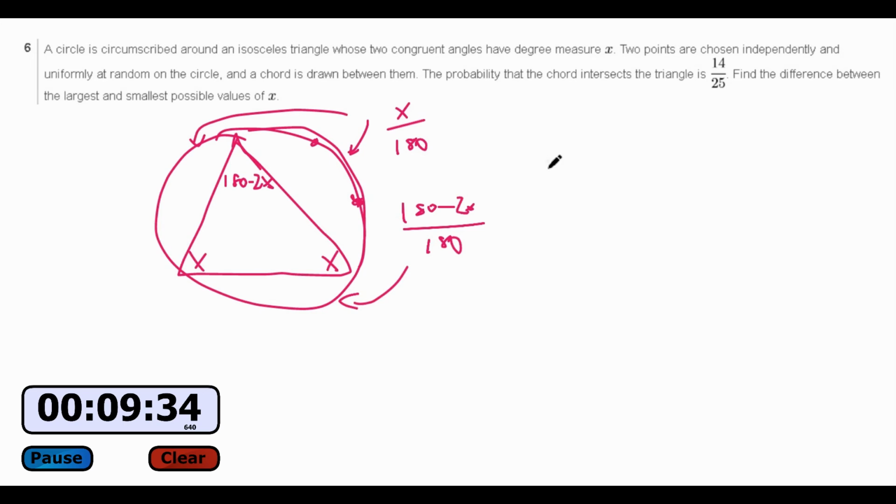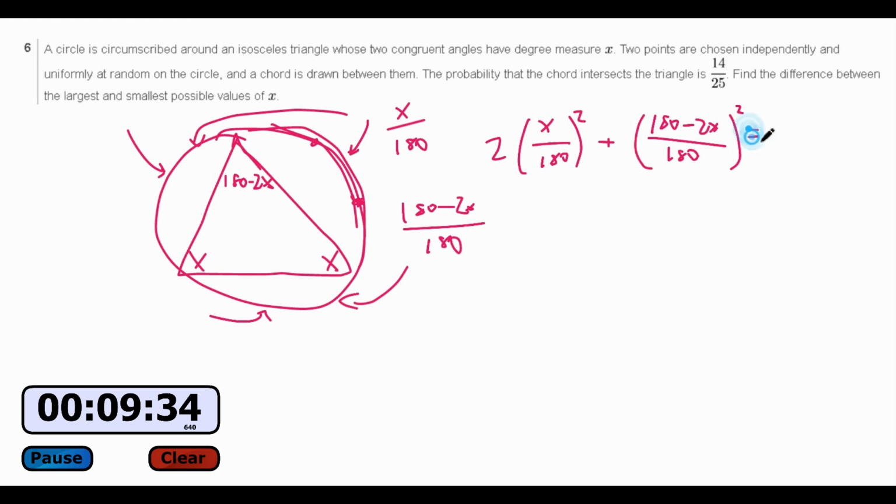Okay, so now we have that x over 180 is the probability that we choose this arc right here for the first point, and then we multiply by x over 180 again for the probability that the second point appears there. And this is the exact same thing for this arc right here, so we multiply this by 2 to account for both of them. And finally, we have the probability that both points lie on this arc, which is just 180 minus 2x over 180, squared.